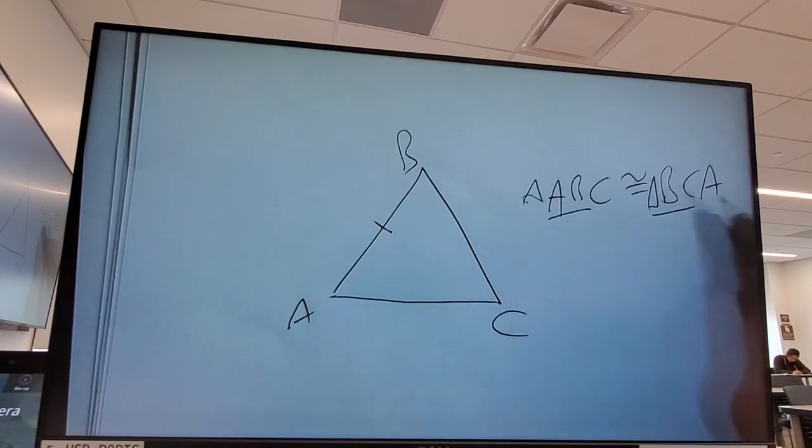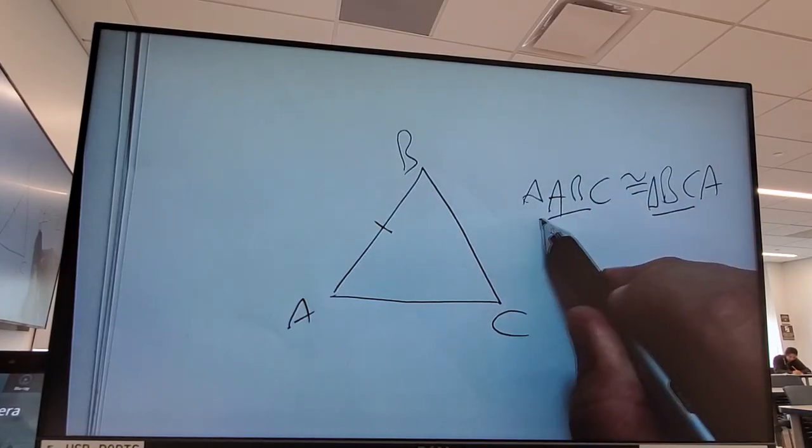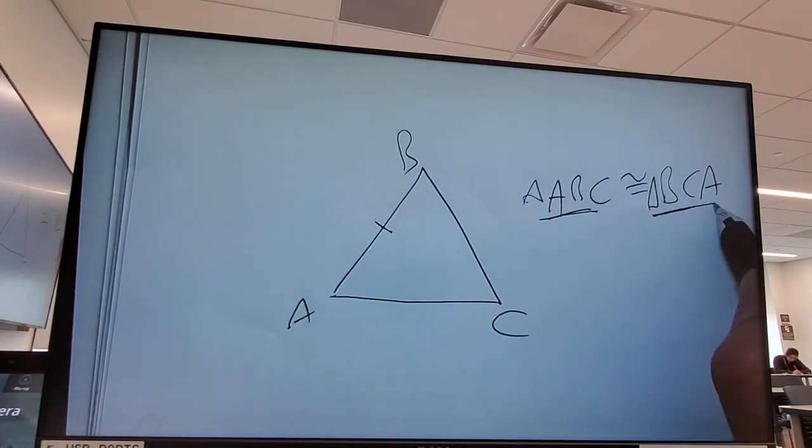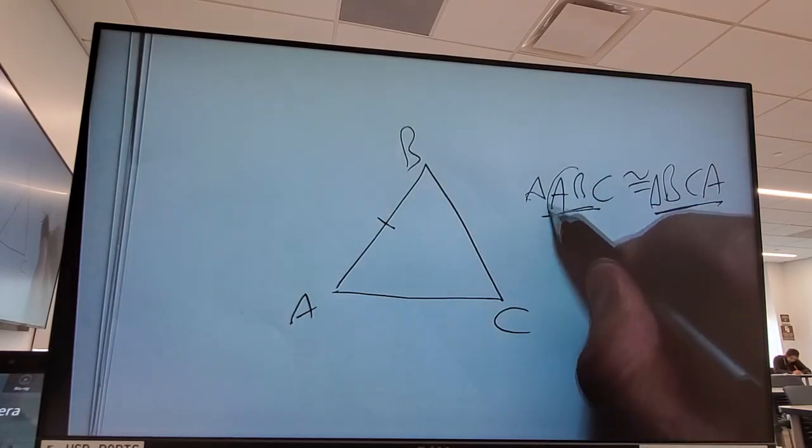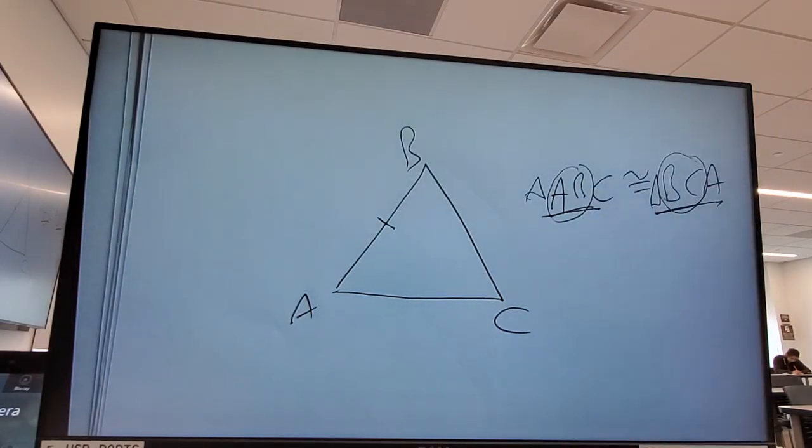If I know triangle ABC is congruent to triangle BCA, isn't side AB congruent to side BC? That's why I ordered it that way.